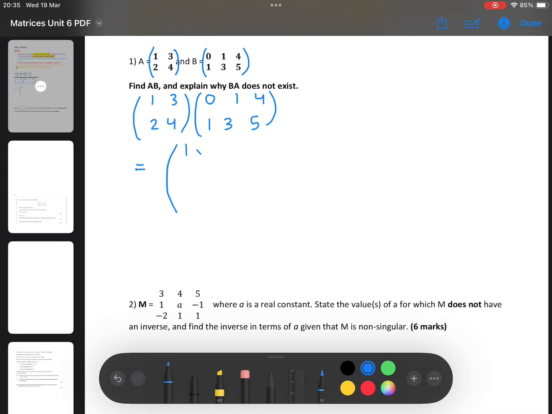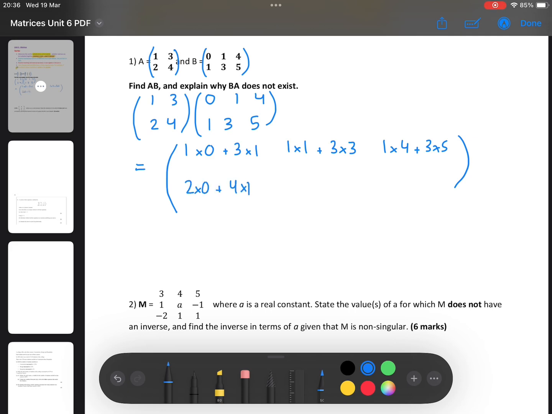So we have 1 times 0, add 3 times 1 for our first element. Second element is going to be 1 times 1, add 3 times 3, and then we have 1 times 4, add 3 times 5. On the bottom we have 2 times 0, add 4 times 1.